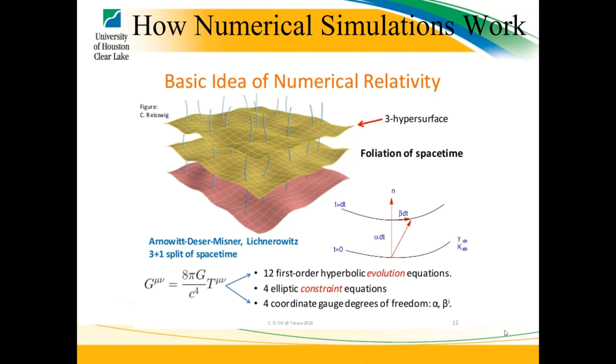And in doing that, it moves the movie forward. And so we start off with a solution that we know, like what the space-time around two black holes should look like. And we end up with the gravitational waves that it emits.